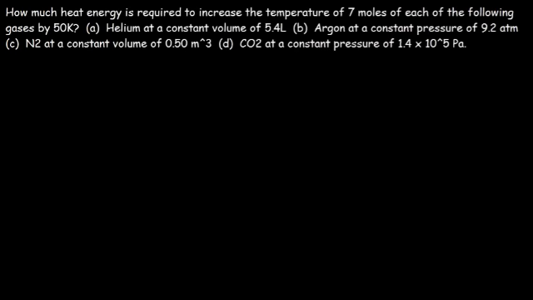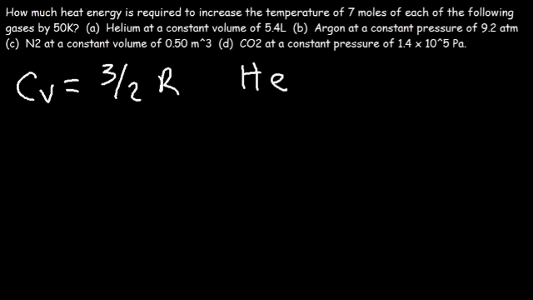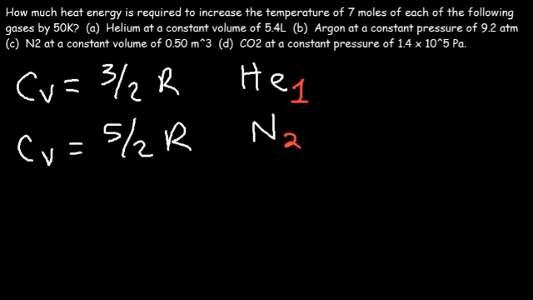So let's review. Cv is equal to 3 over 2 times R for a monoatomic gas. That is a gas basically with 1 atom in a molecule or in a particle. For diatomic gases, it's approximately equal to 5 over 2 times R, and nitrogen fits that description.